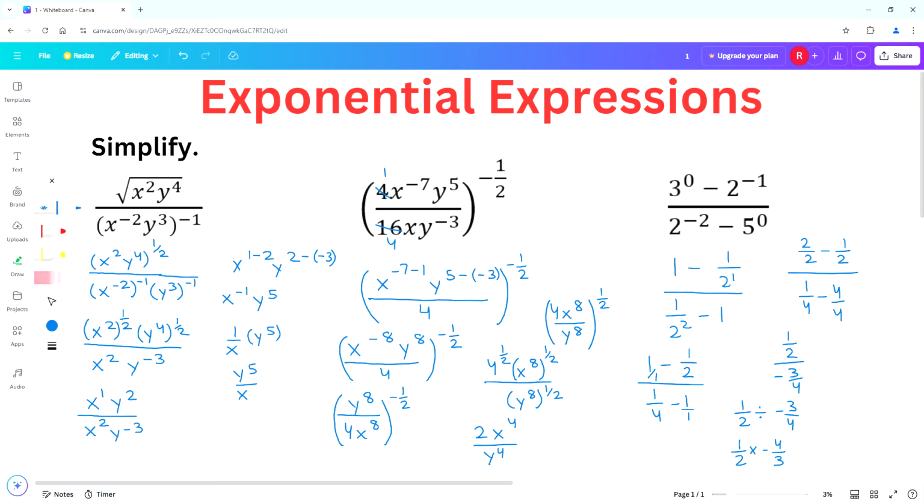Now we can multiply the fractions. I get negative 4 over 6, which can be reduced to negative 2 over 3. This should be the final answer for the third given expression.